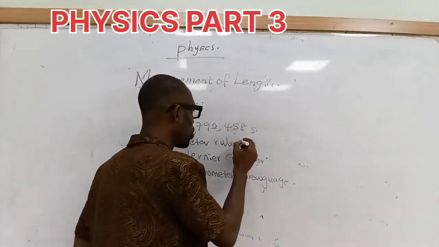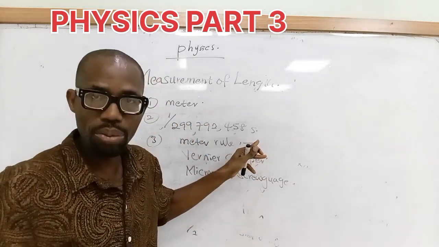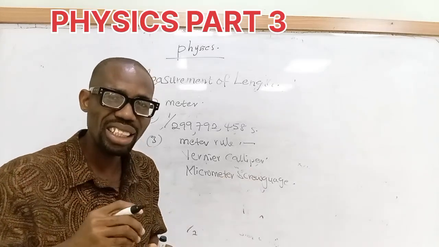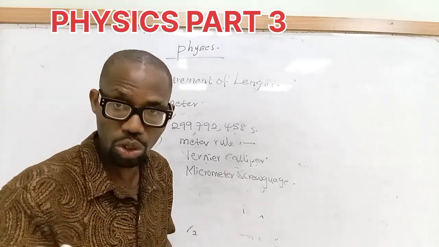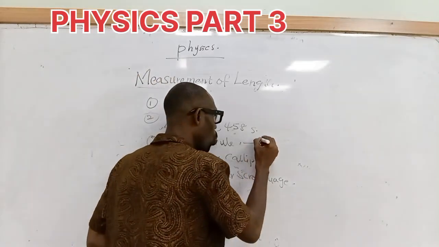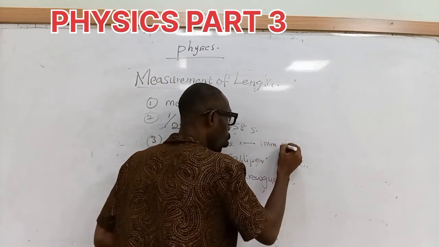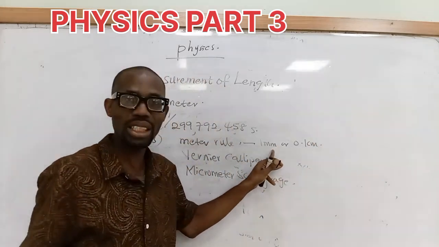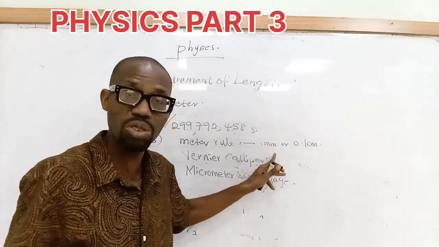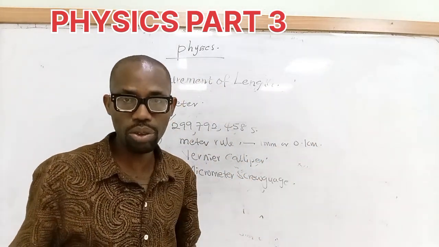Now, looking at the meter rule, the smallest division of graduation of the meter rule is 1 millimeter or 0.1 centimeter. This is the smallest division of graduation of the meter rule.